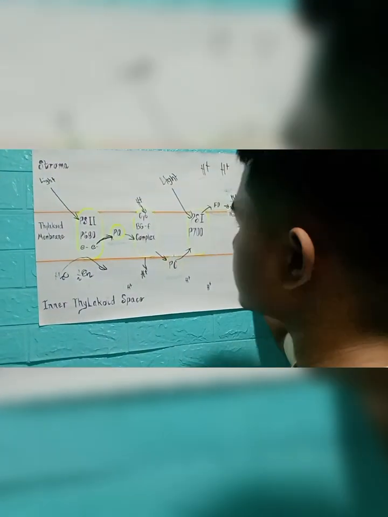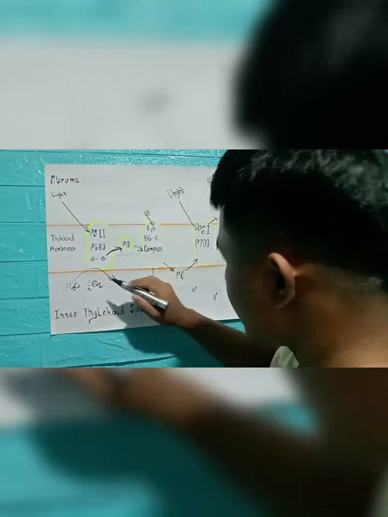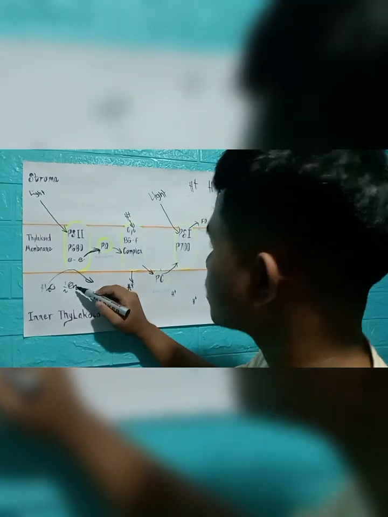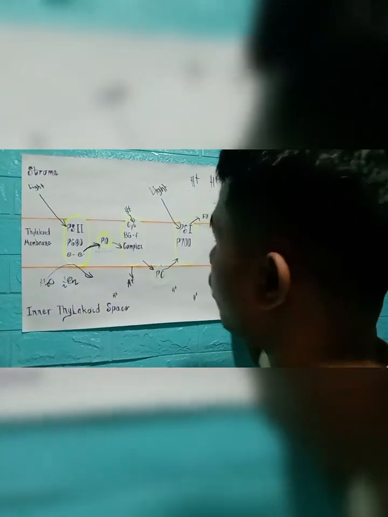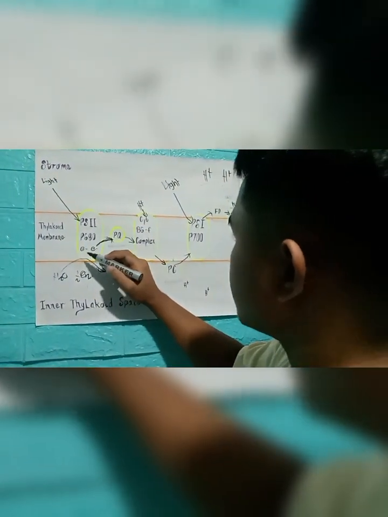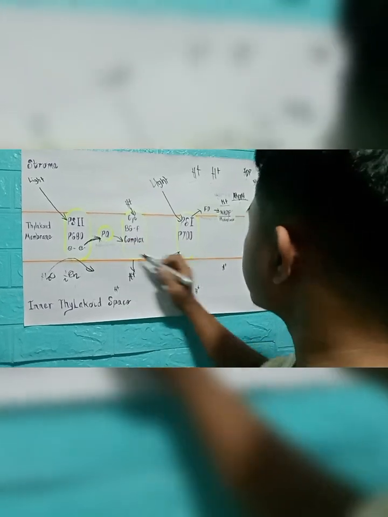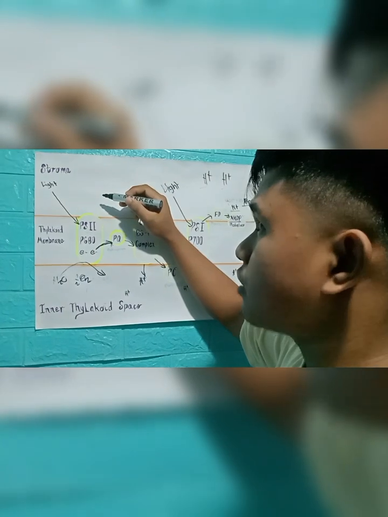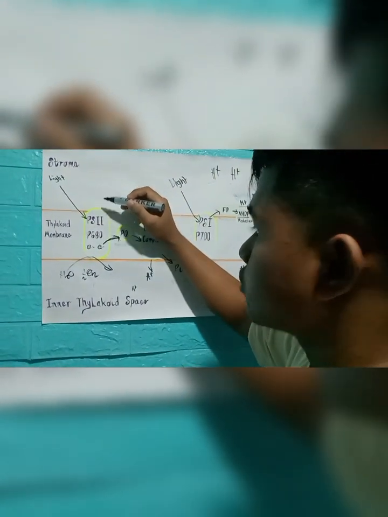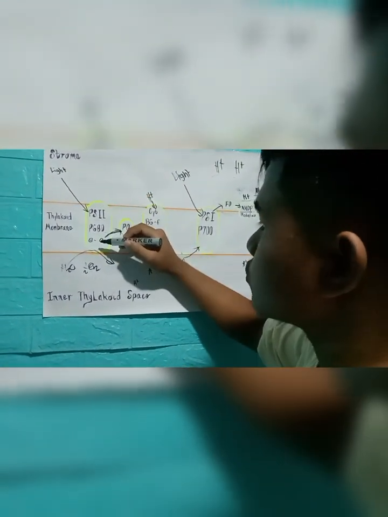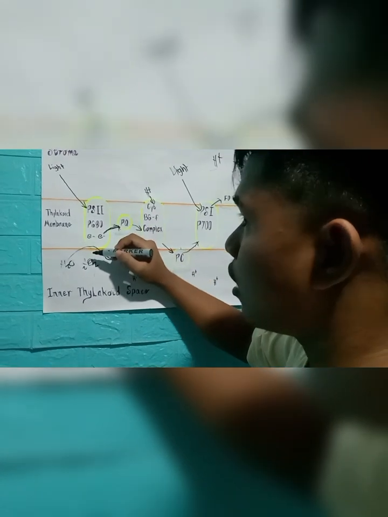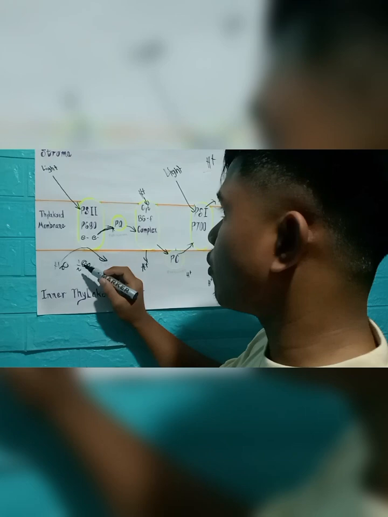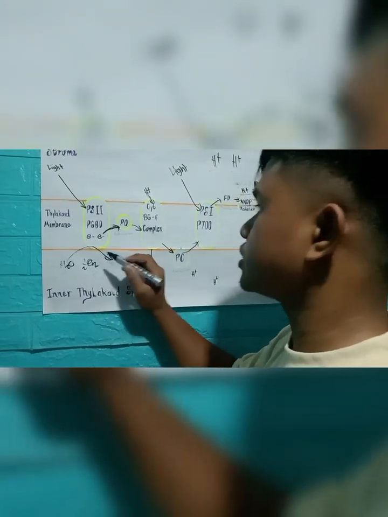The process is repeated, and the oxygen atoms are added to the other oxygen atoms and become oxygen gas.